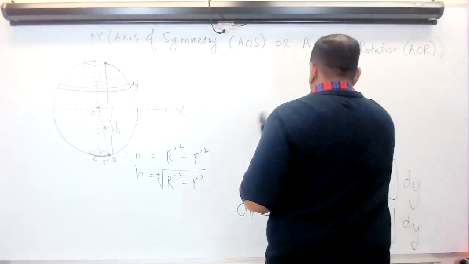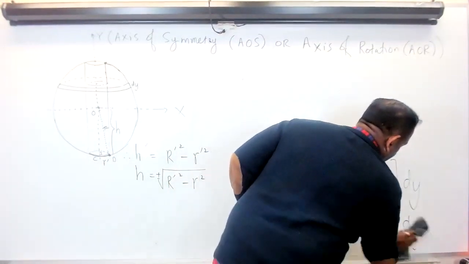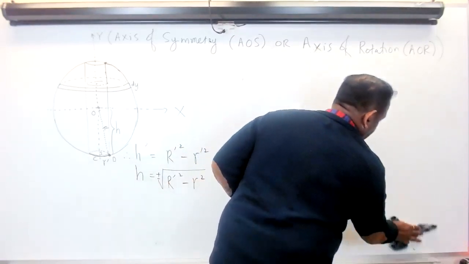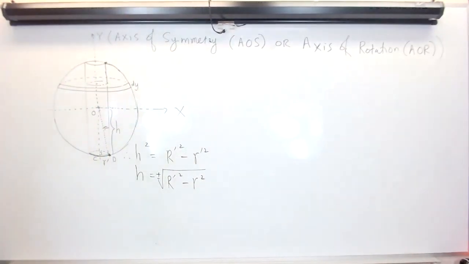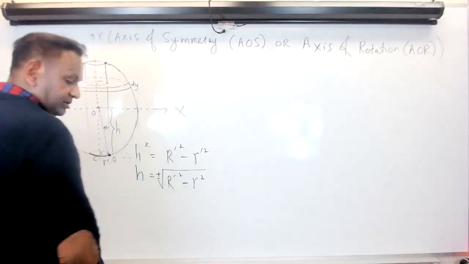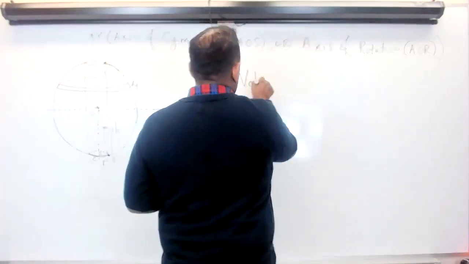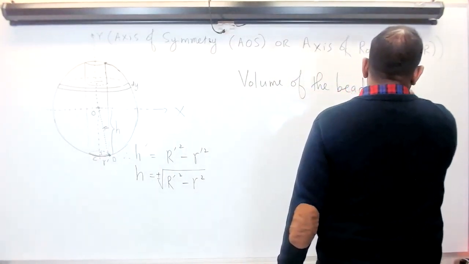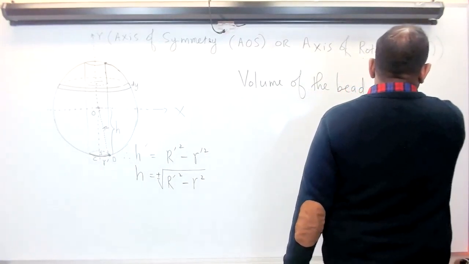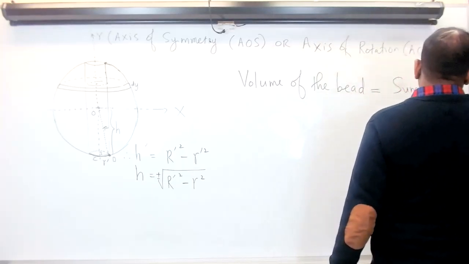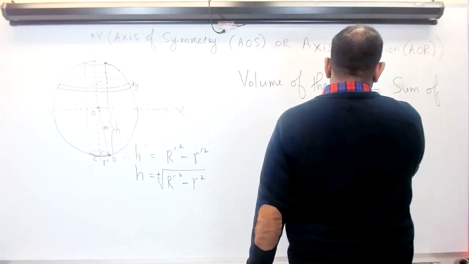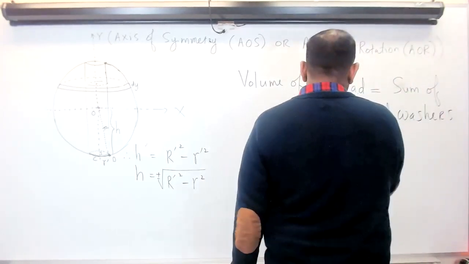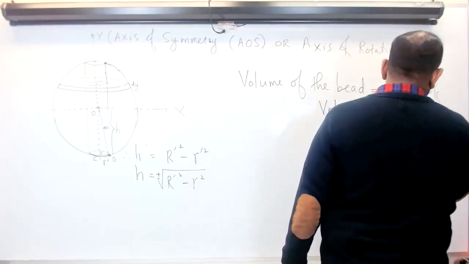The volume of the bead is nothing but the sum of the volumes of washers from minus H to plus H.